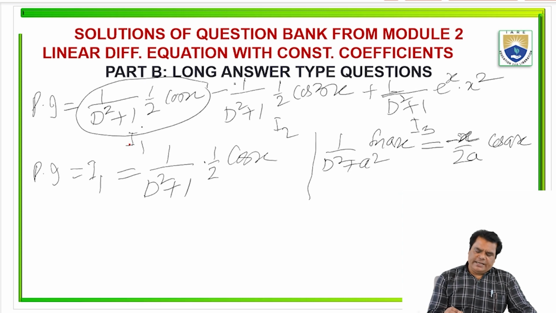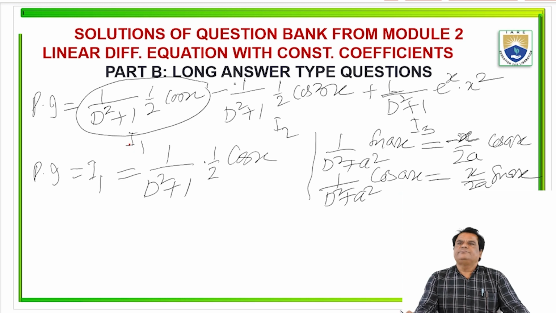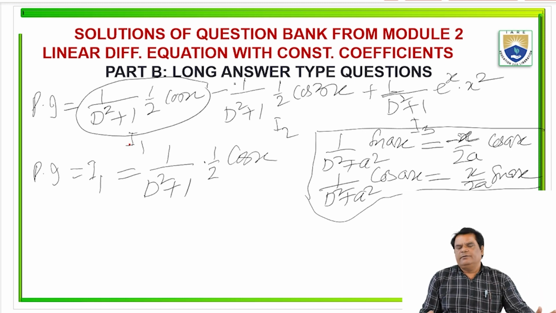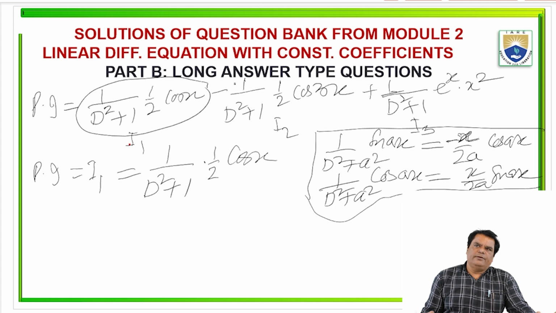Next, 1 upon D square plus a square into cos ax equals x upon 2a sin ax. This is the general formula. We have discussed this formula in detail in theory classes, so you can check how we find this result. Here it is cos, so we apply the second formula.